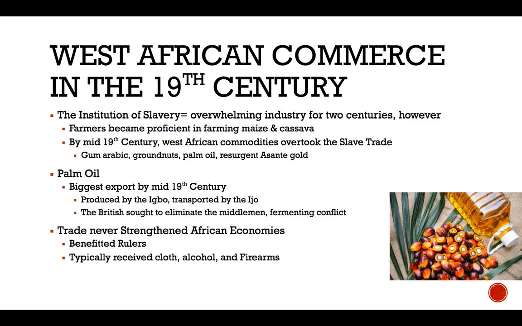gum arabic, which was a prominent commodity out of Senegal, groundnuts as well from Guinea, palm oil from most of the forest areas in West Africa, and gold was back. You know, the Asante community had been prominent for its gold.